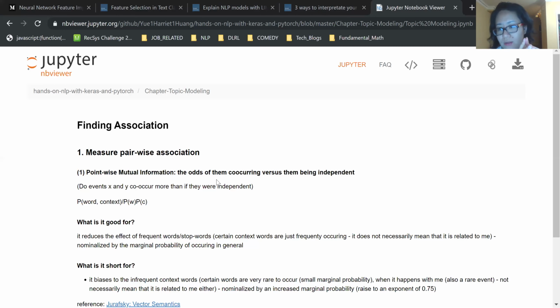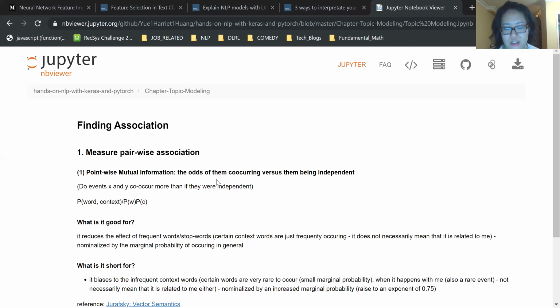Mathematically speaking, it uses the joint probability, so the probability of item 1 and item 2 occurring together, versus the product of the two marginal probabilities.